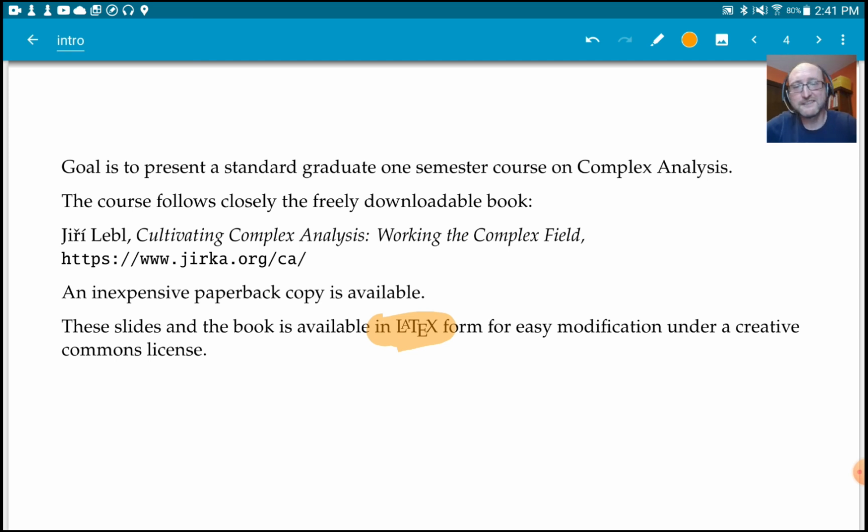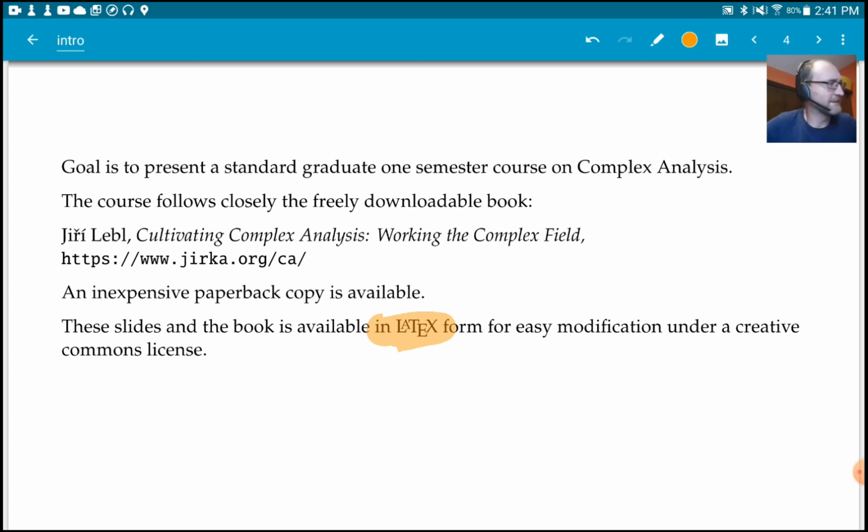So that's useful as well. These slides are available in LaTeX as well. There may be a little bit more messy LaTeX, it's just making sure that it works out, but maybe it's not the best style of writing LaTeX, right?